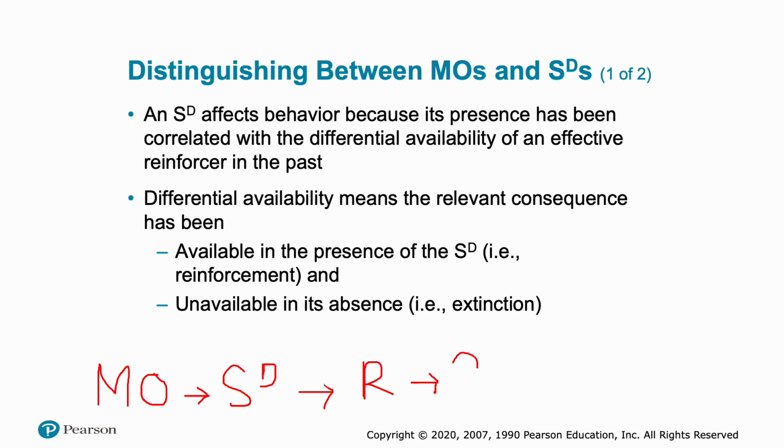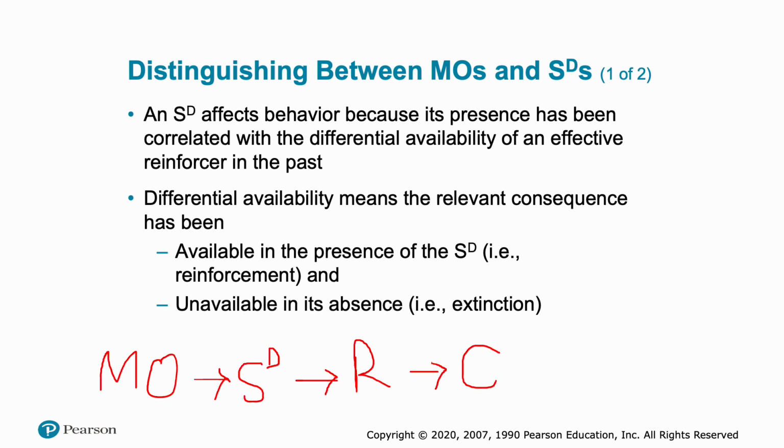Both MOs and SDs are what we consider antecedent stimuli, okay? And they're antecedent stimuli because they occur before the response, right? So both of these are antecedent stimuli that occur before the response, and they alter the frequency of some particular behavior, or they are able to evoke behavior in some way.